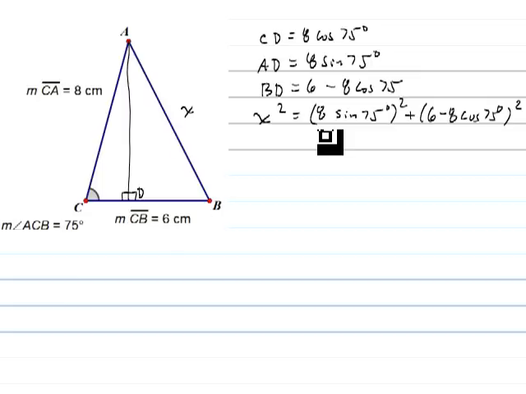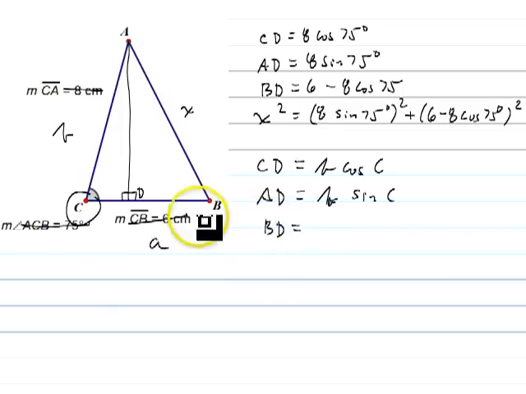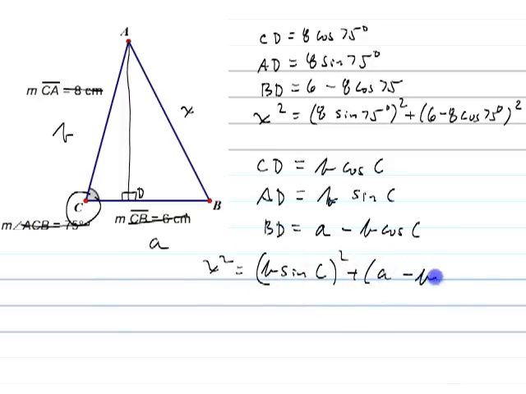But if instead of 8 and 6, these things were called lowercase b and lowercase a, and instead of 75, I just called it angle C, then my answers would be: CD is b cosine C, AD would be b sine C. This would make BD, which is BC minus CD, equal to a minus b cosine C. Now I have the two shorter sides of the right triangle ADB, so I can say that x squared equals b sine C squared plus a minus b cosine C squared. Still looks pretty ugly, but watch, a nice thing will happen.